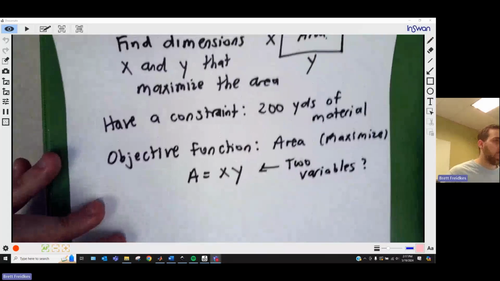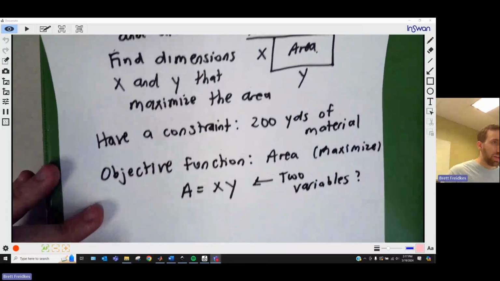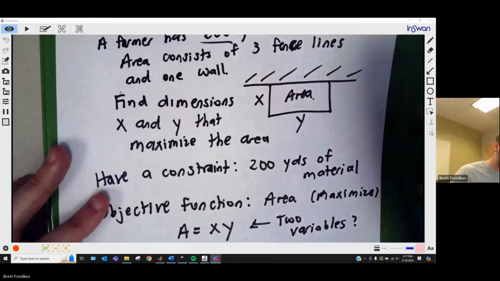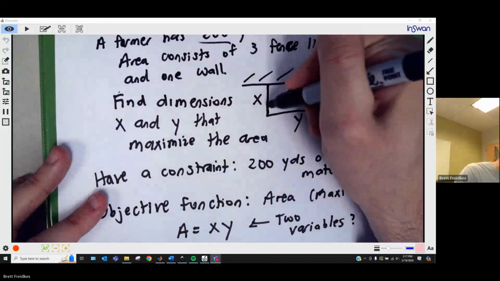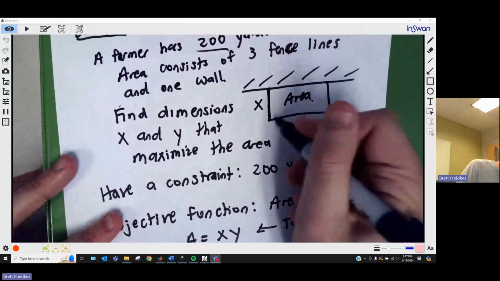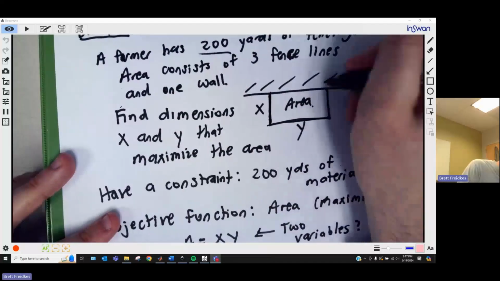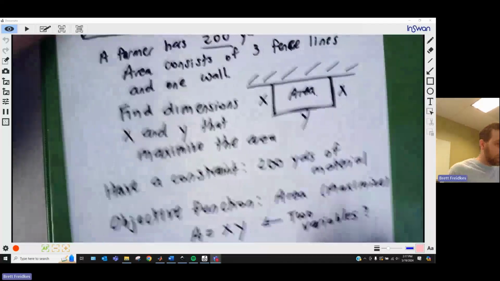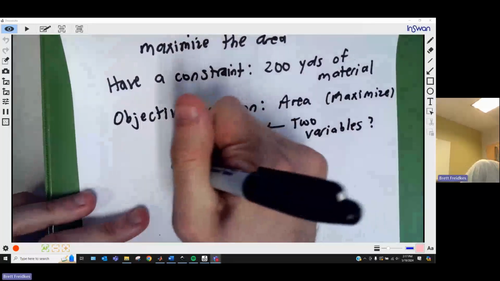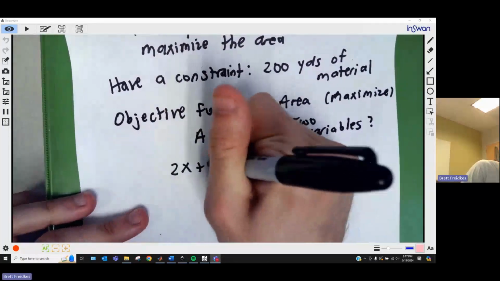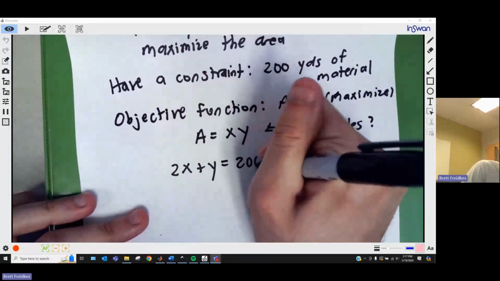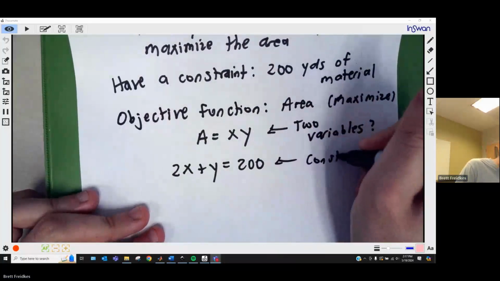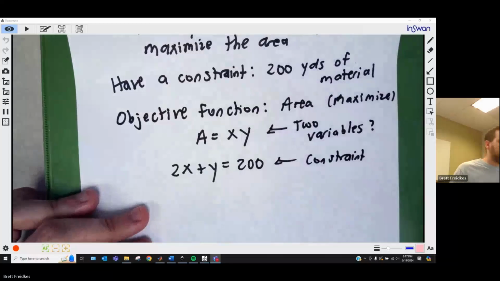Let's come up with an equation for our constraint. Because we have 200 yards of material, that means that we have X yards being used there, Y yards being used there, and another set of X yards being used there. So our constraint equation is that 2X plus Y has to be equal to 200. That's our constraint.